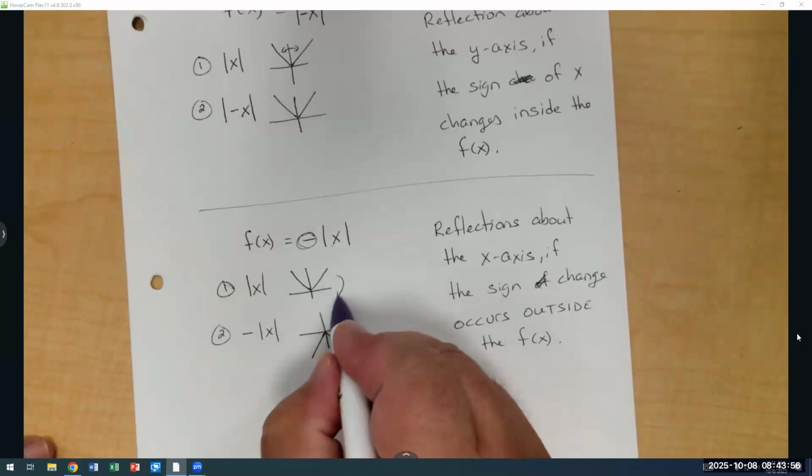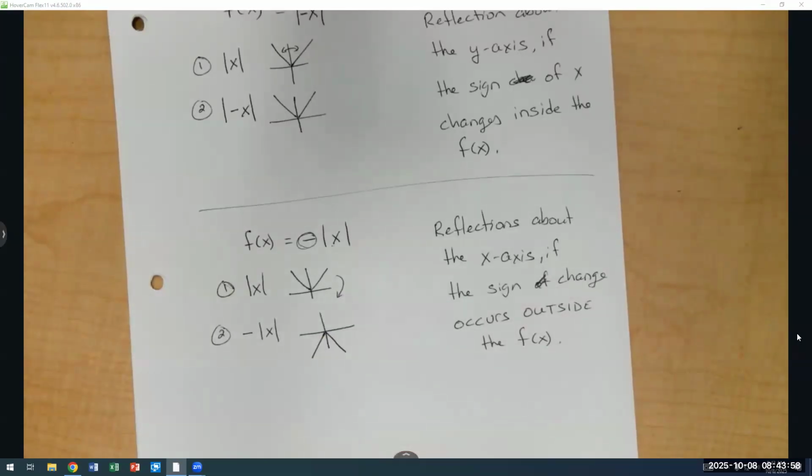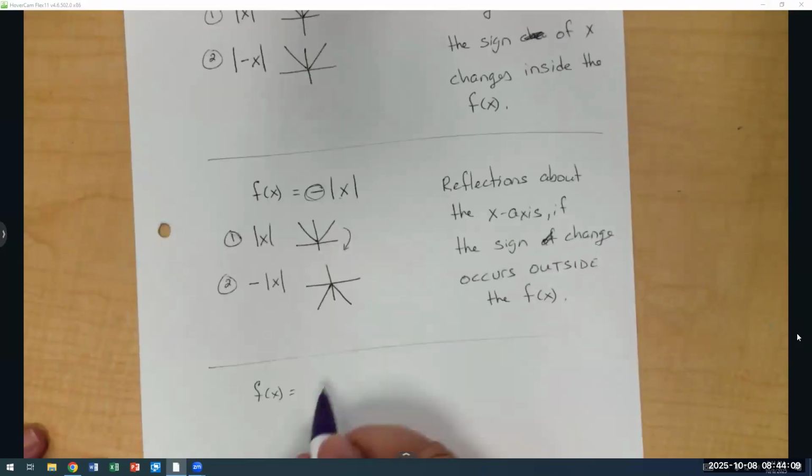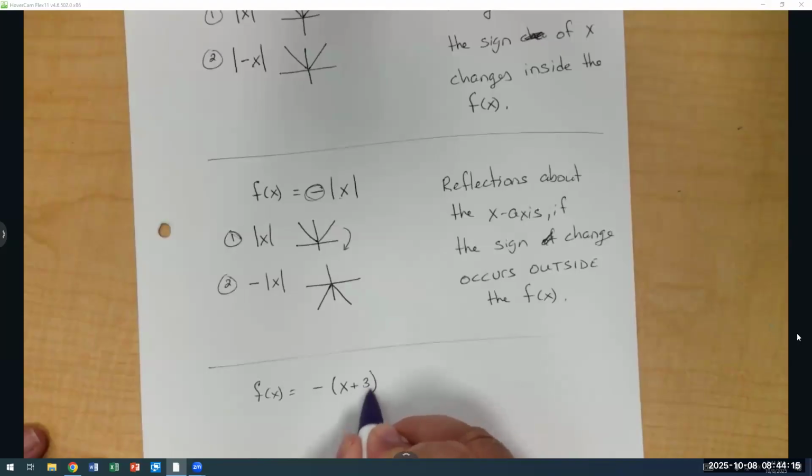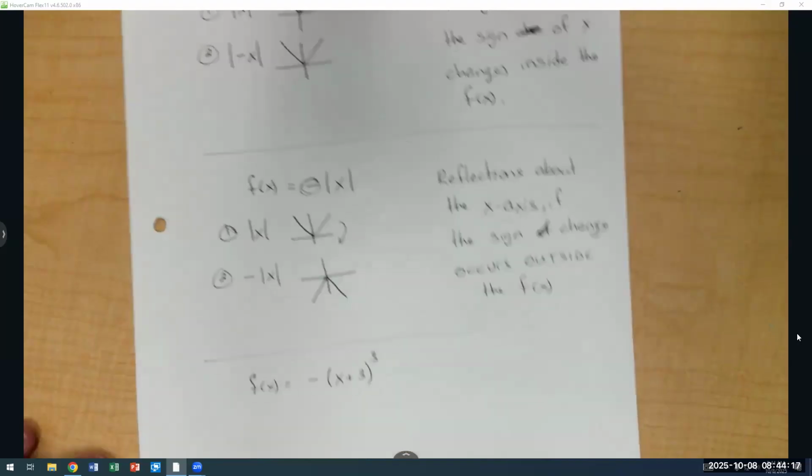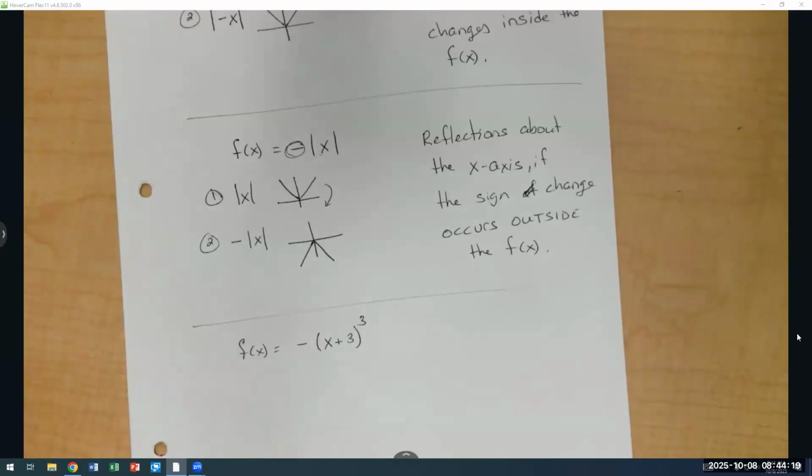So here we flip across the x-axis, and that's our reflection whenever sign changes outside. Let's look at this one.